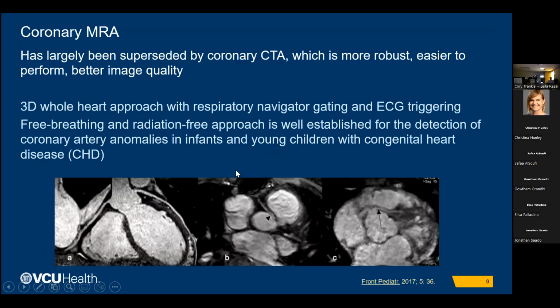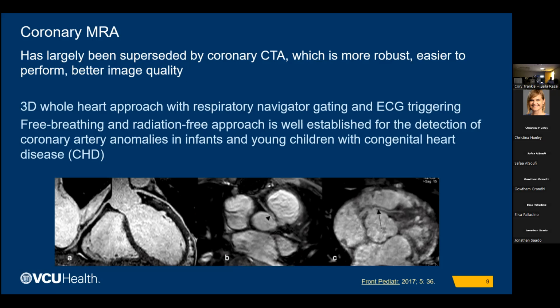Now, one of the helpful sequences on a cardiac MRI is 3D whole heart sequence, and that is with respiratory navigator. So it is taken over a long period of time, let's say 5 minutes. But since it's navigated with respiratory motion and it's also ECG gated, eventually it can be reconstructed in a very nice 3D view of the heart and the coronary vessels, or it can be used for other large vessels in the chest, including thoracic aorta.